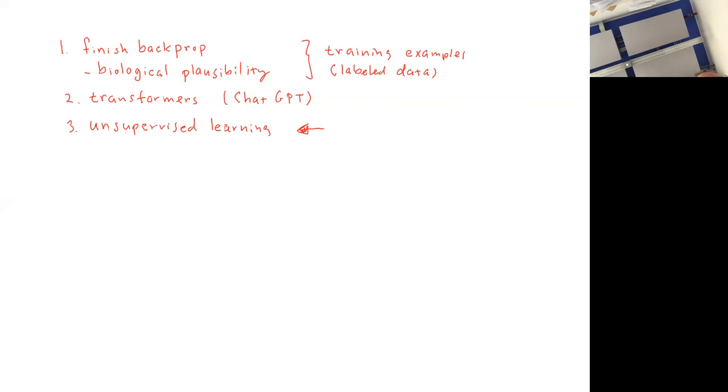So I'll talk a little bit about unsupervised learning. It's the usual thing: we're going to write down a cost function, but it's a very different cost function, and in many ways it's much, much harder. And then after that, we're going to switch gears and talk about reinforcement learning.